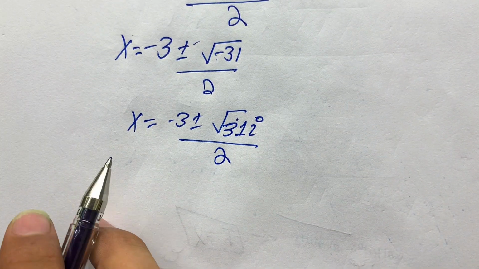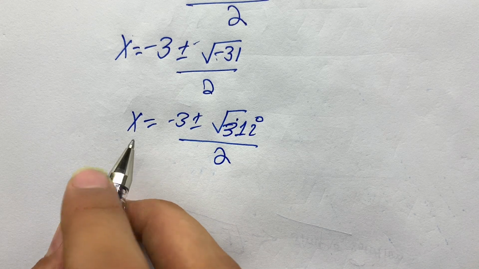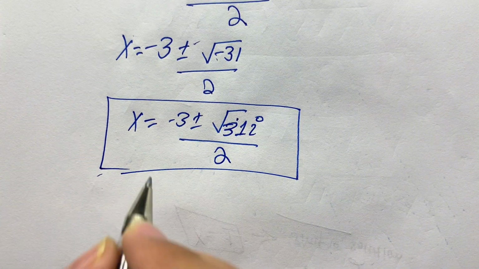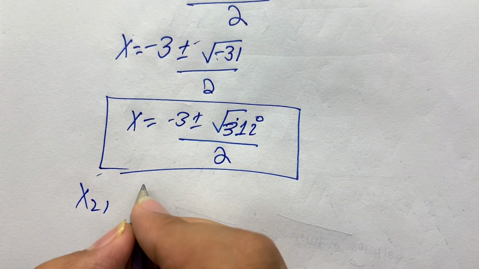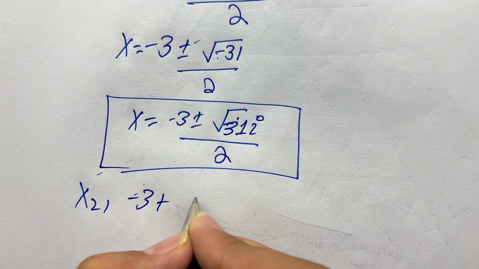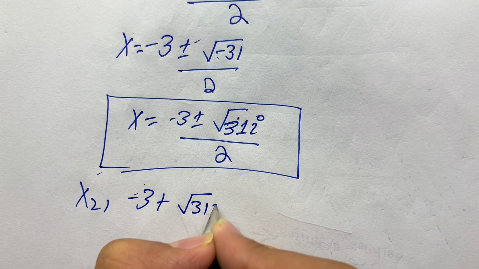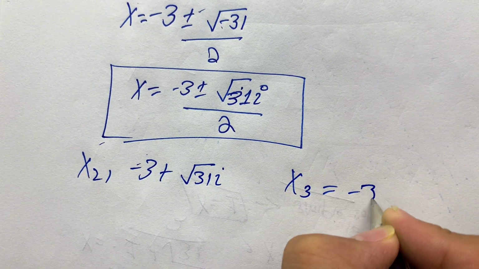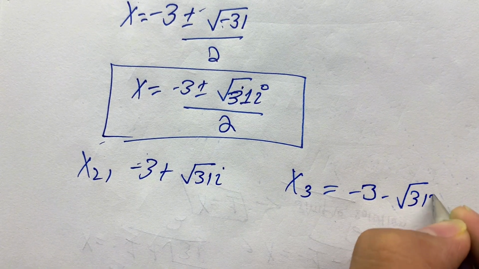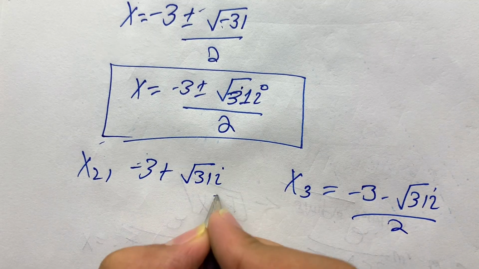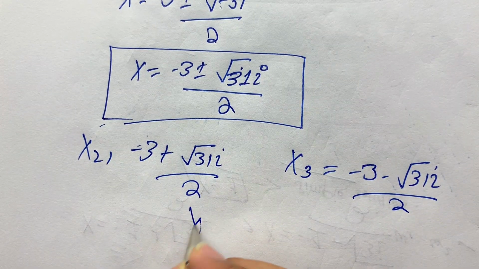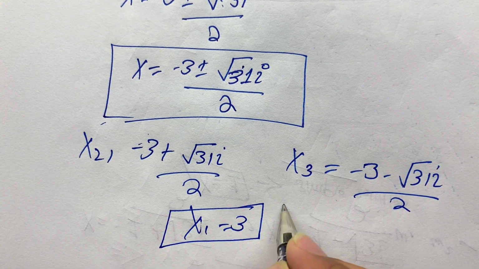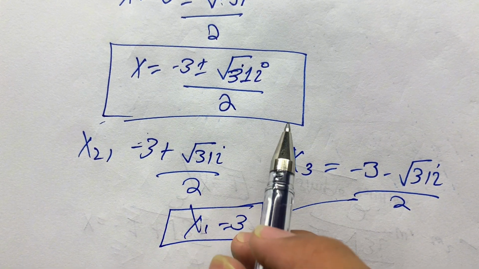Now this is our final answer. Our value of x2 is minus 3 plus root 31 iota divided by 2, and x3 is equal to minus 3 minus root 31 iota divided by 2, and x1 is also equal to plus 3. These three are our values of x.